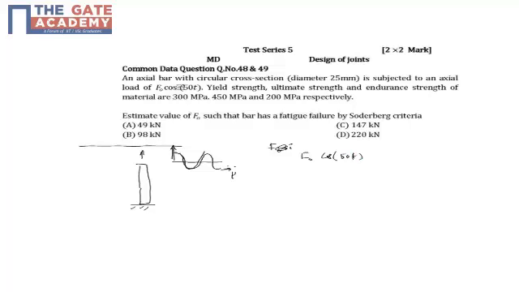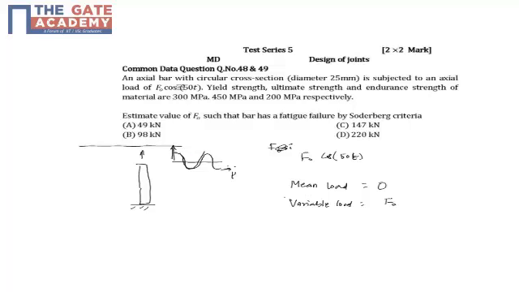So this is the loading, and from this we will come to know that the mean load is 0, and the variable load, or the amplitude of the load, is F0.